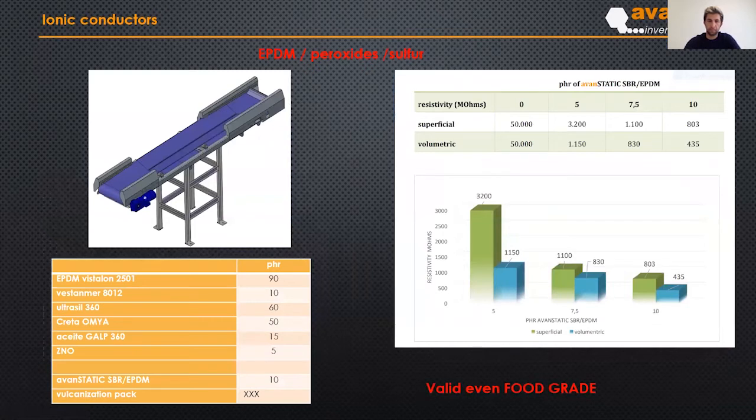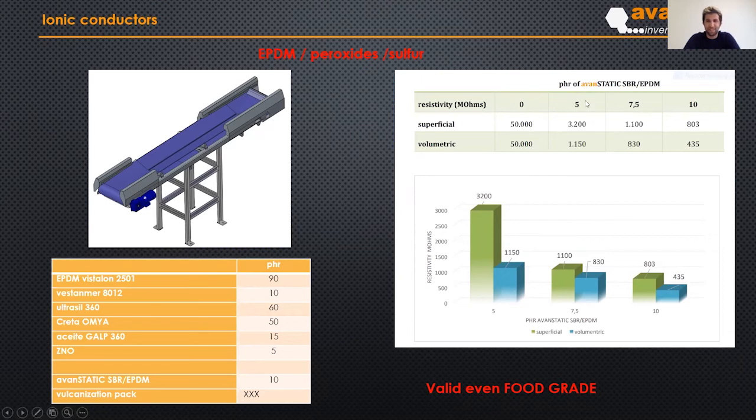In EPDM, of course, it is valid too, but in this case we work with other products, Avanzare SBR EPDM. This is a typical formula with some EPDM and the rest of the components with a big amount of filler. We use this SBR EPDM and the vulcanization pack in function of the addition. The conductivity at the beginning is more than 50,000 megaohms. 50,000 megaohms means 50 gigaohms or 5 times 10 to the 10, if I calculate correctly.